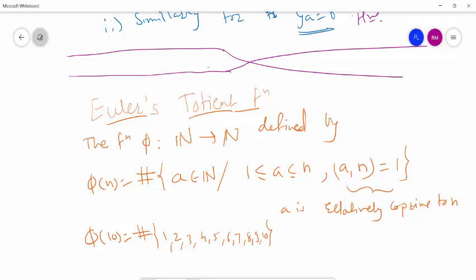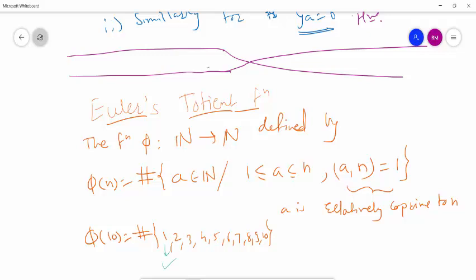Then we have to select from this list the elements that are relatively co-prime with 10, that is, the element and 10 both having GCD 1. So GCD of 1 and 10 is 1, so we select this one.